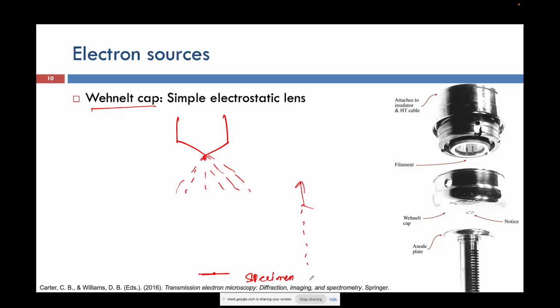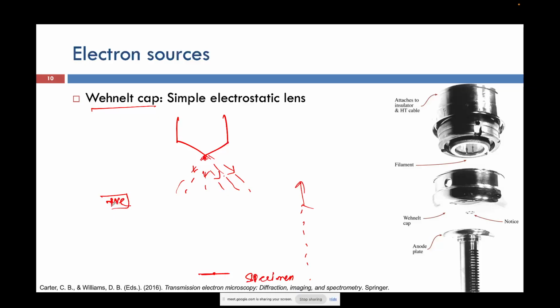My specimen is there. The moment the electrons come out, let's say I have put some positive potential and I am starting to accelerate the electrons in this direction at a very high speed. They will be coming in all directions, right? How will I first control them even before they go?